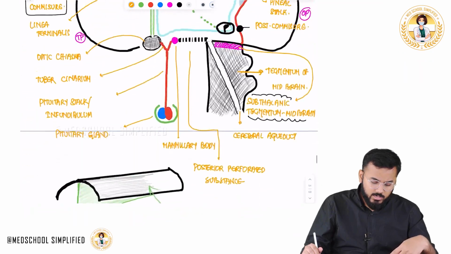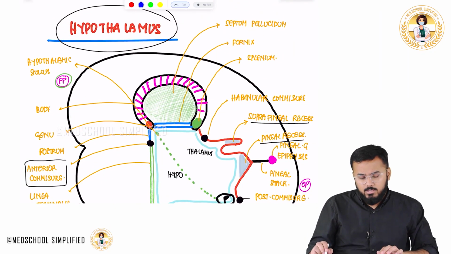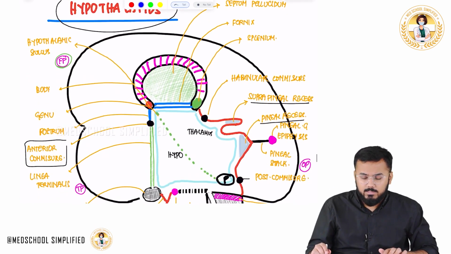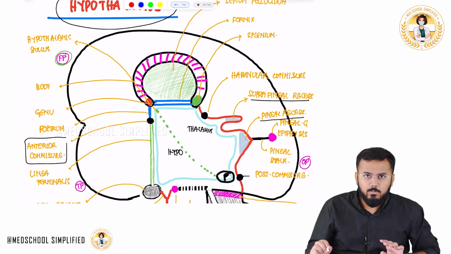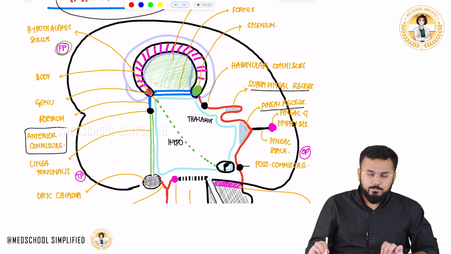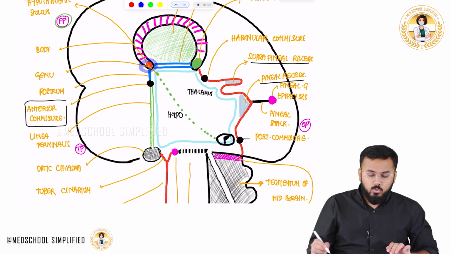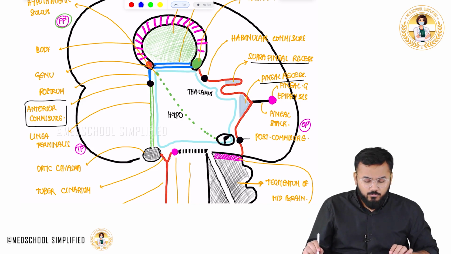So let us quickly review what we have discussed. This is the hypothalamus topic, and this is the medial aspect picture of your cerebral cortex. Here I have drawn the corpus callosum. It has two parts: this red one is called the genu, and the back is called the splenium. In between, this blue line which I am drawing right now is called the fornix.